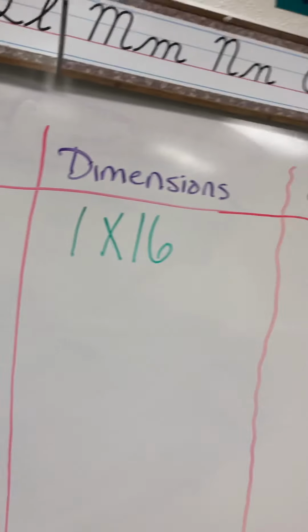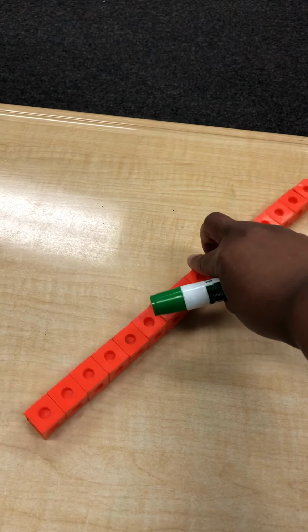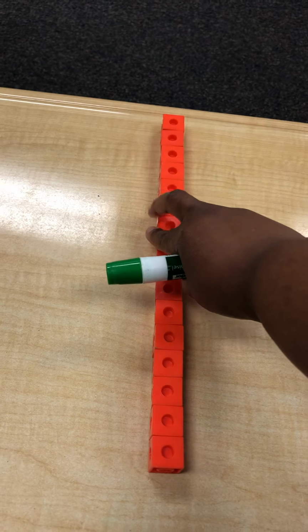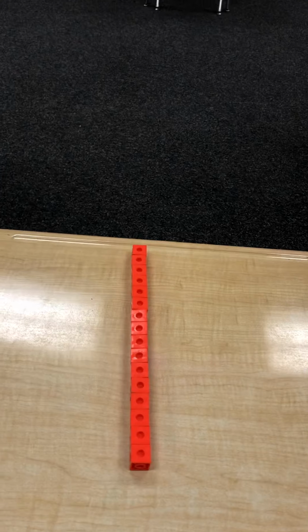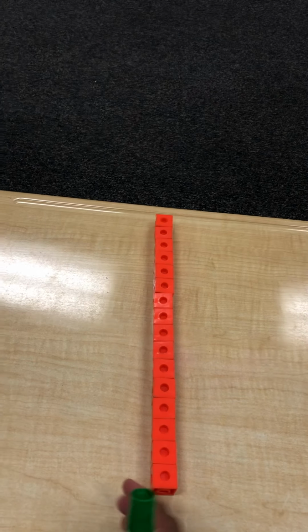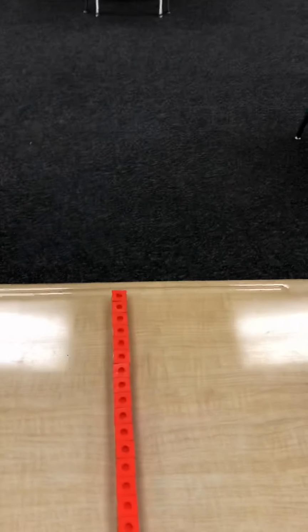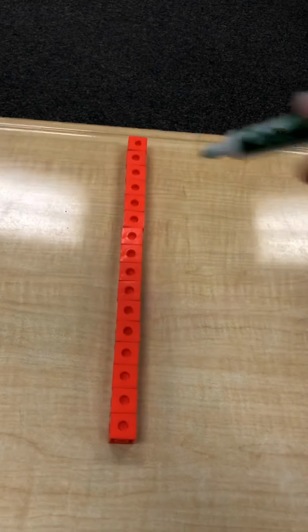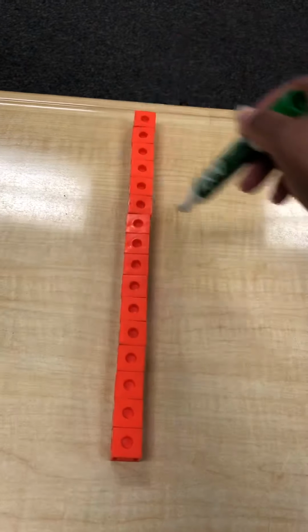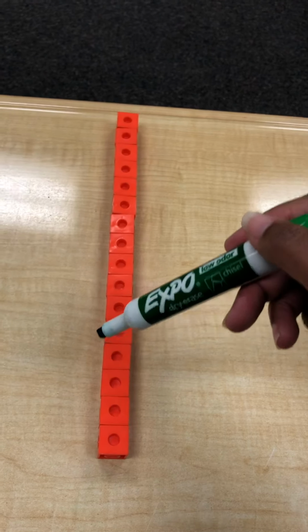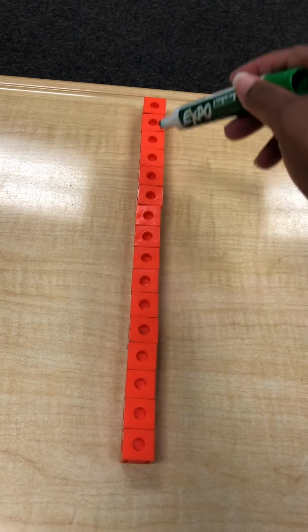All right, let's take a look at our Skittles again. Now all I'm going to do is switch this around, and when I do that, I've created new dimensions. This time I have many rows, okay? I have 16 rows in just one column.